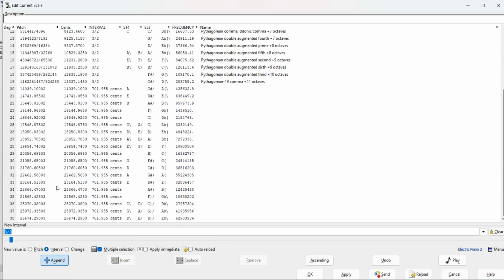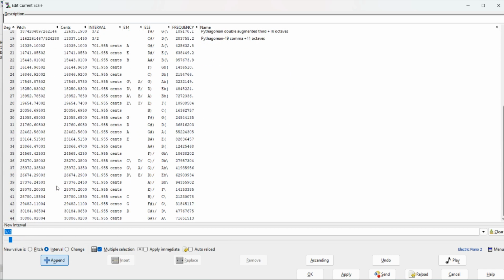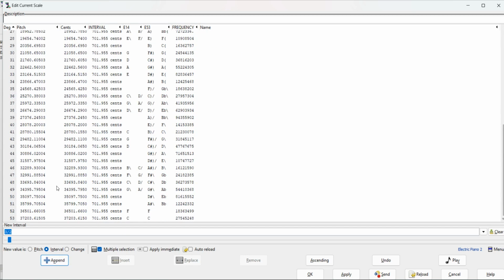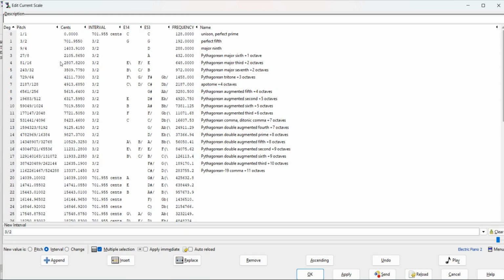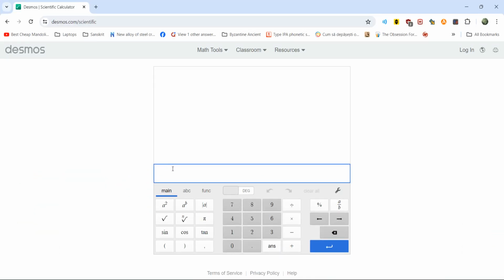and we get some sort of other C, which is very close to the 31st octave.